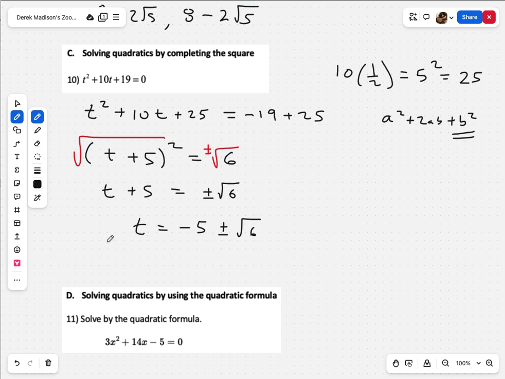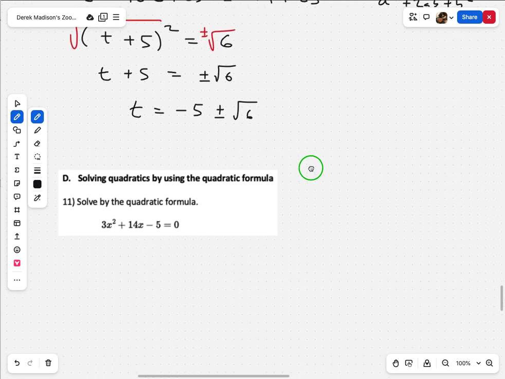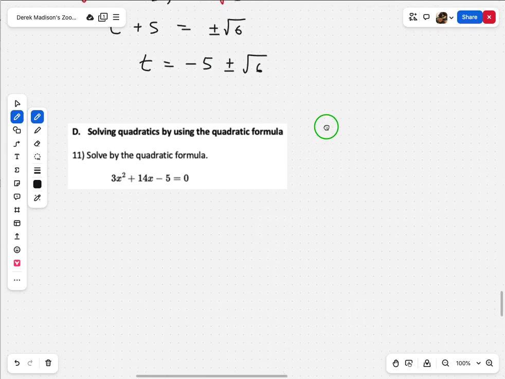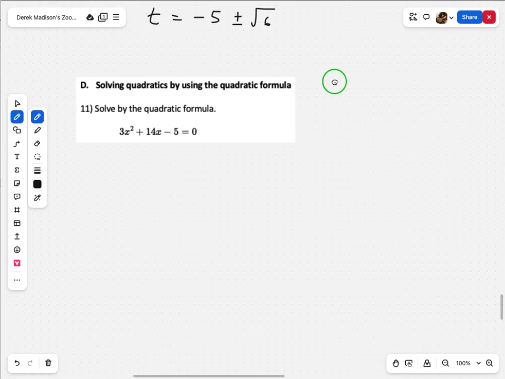And that's it. So if I do this in the quadratic formula, this particular one would have a lot of reducing, and it would actually be harder math. So for me, I prefer if a is 1 and b is even. I think completing the square is easier. If not, though, you can use the quadratic formula for any quadratic. It will work on all of them. It's just not always the easiest tool.